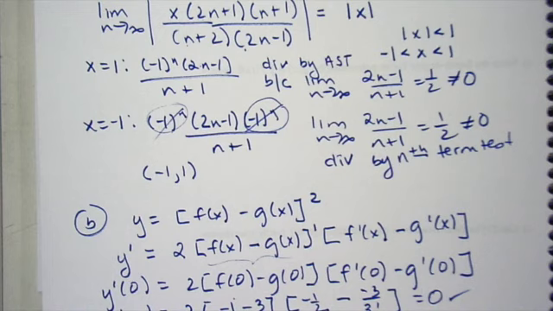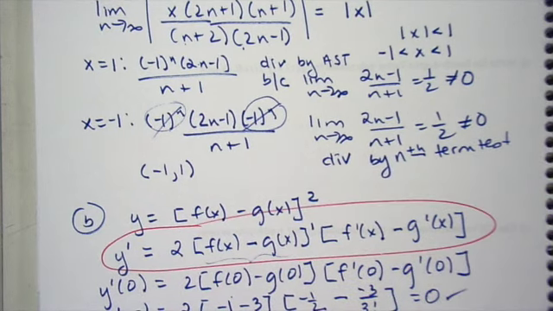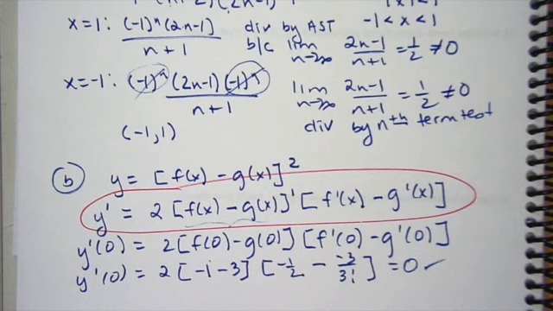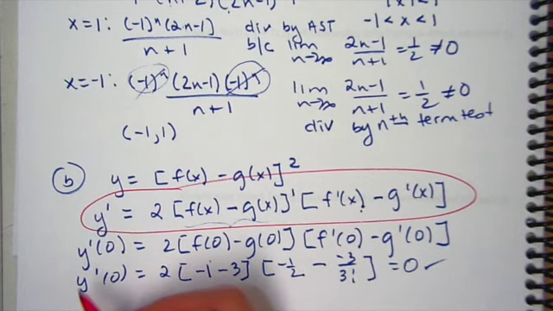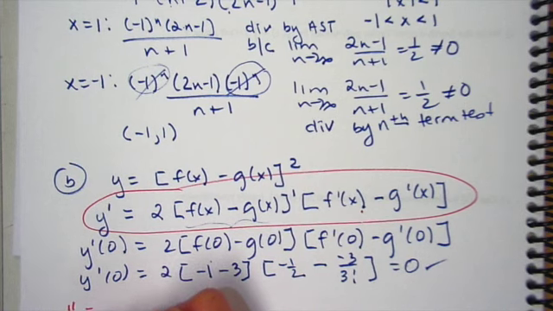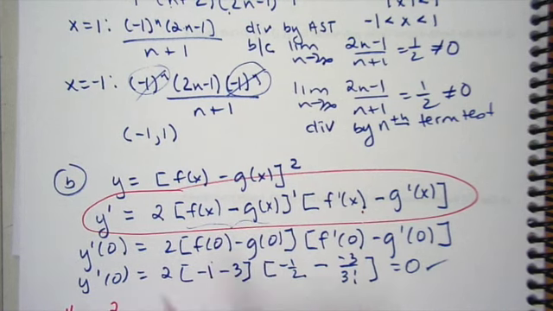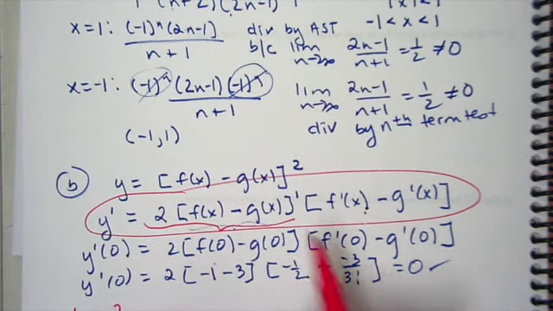Now this is where we're going to use our second derivative test. Again, I cannot do a sign chart because I don't have the actual function itself. So we have our first derivative. I'm going to go ahead and come up with the second derivative. Notice you will have to use the product rule here. So my second derivative is, I'm going to just leave the 2 in the front. I'm going to think of this whole thing as one term.